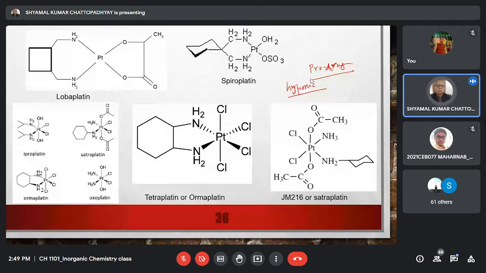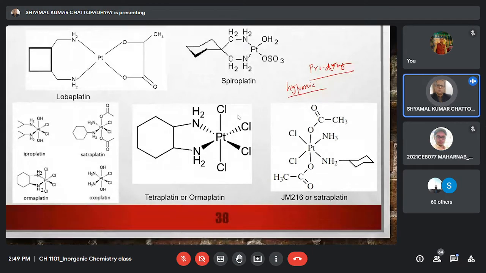So that means you can target the cancer cells more closely and have less toxicity on the other cells.